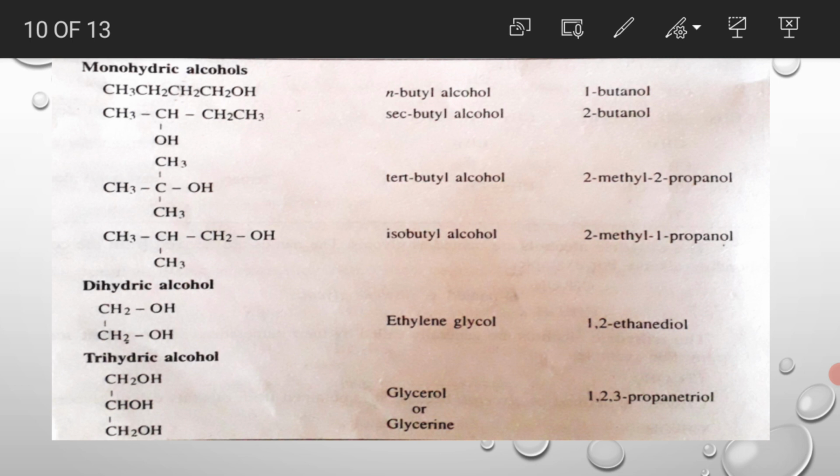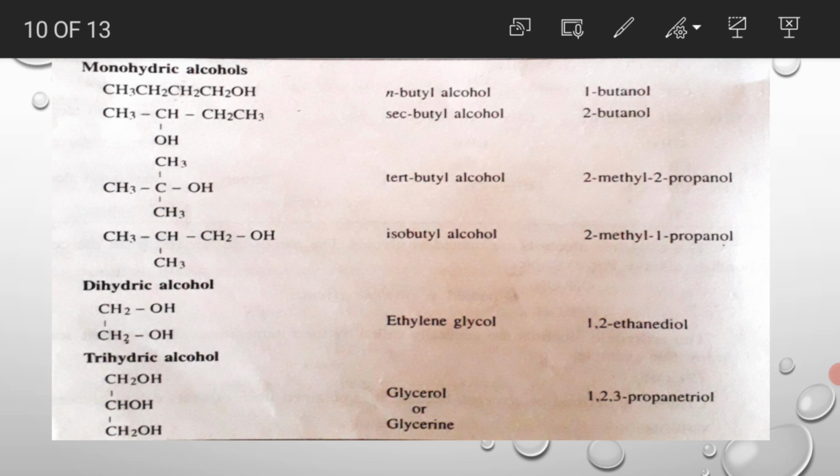N-butyl alcohol, 1-butanol; sec-butyl alcohol, 2-butanol; tertiary butyl alcohol, 2-methyl-2-propanol, as we have discussed earlier. Similarly, isobutyl alcohol, that is 2-methyl-1-propanol, because one carbon is attached to the hydroxyl group.